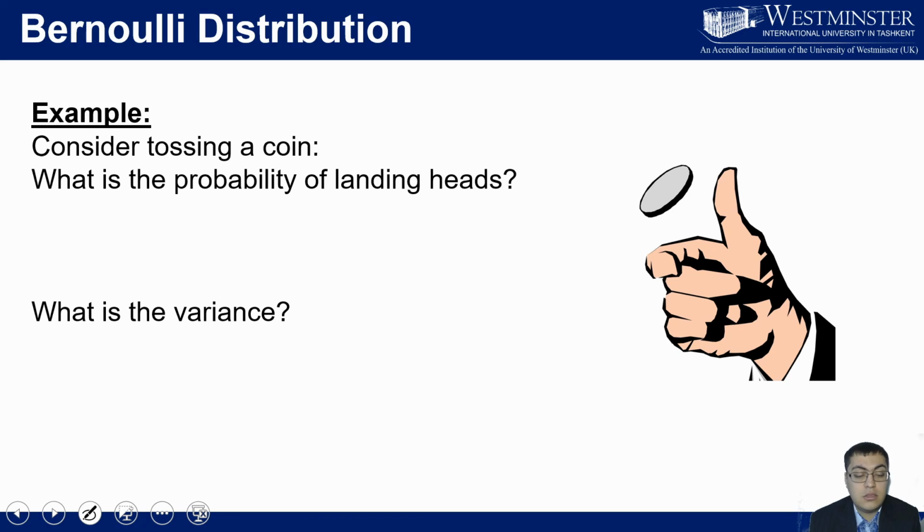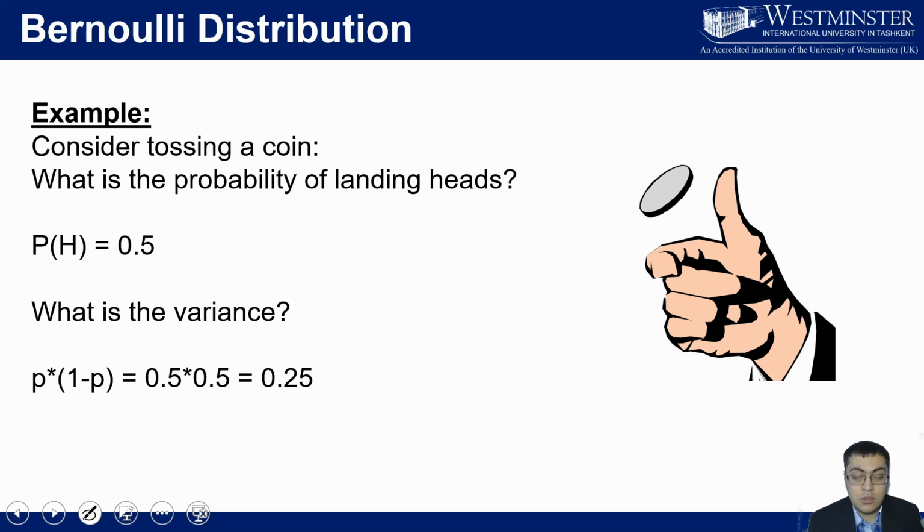In that case, the probability of landing a head or a tail is equally likely. So in this case, that's just going to be 50% or 0.5. How about its variance? Like I said, the variance is just the probability of success multiplied by the probability of a failure. So in this case, the variance is just going to be 0.5 squared, or in other words, just 0.25.